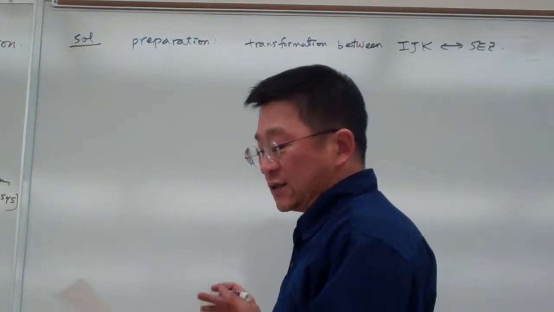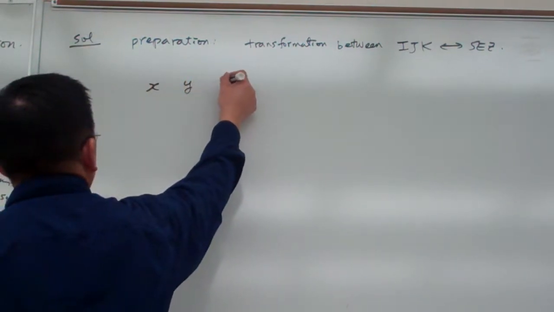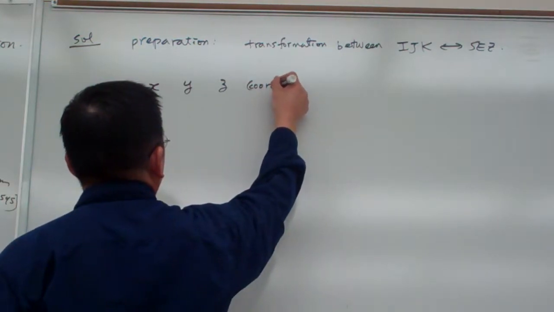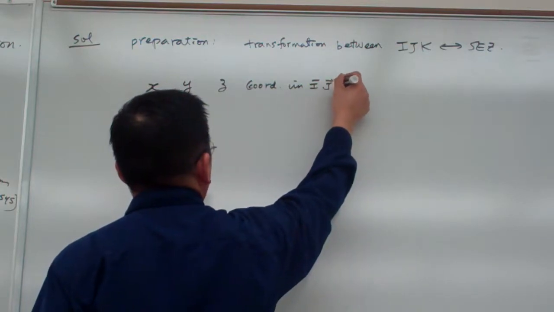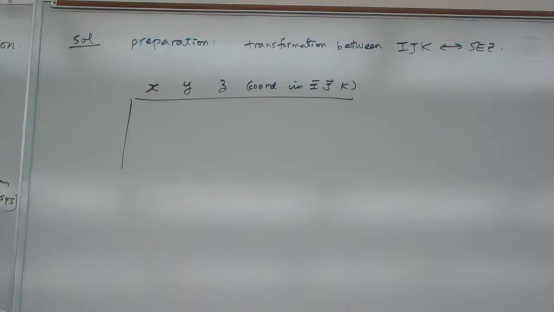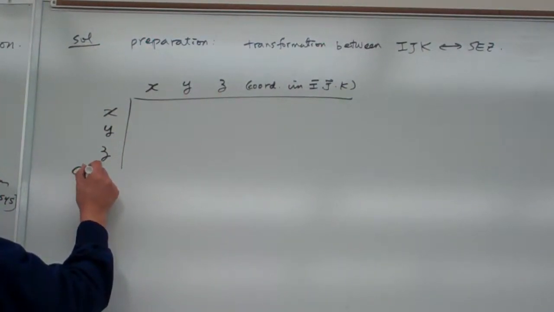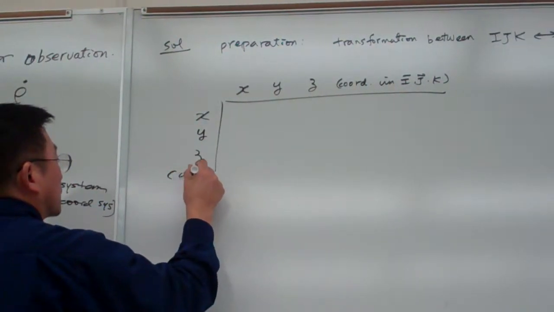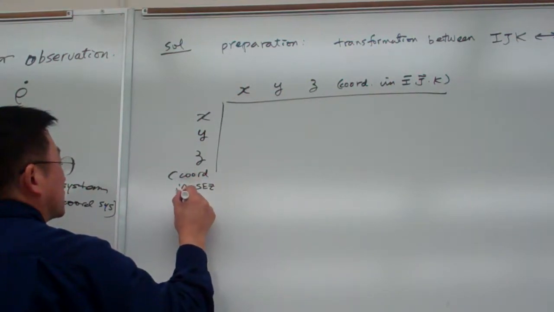Let me recite the formulas first. Here we have x, y, z, which is a coordinate in the IJK coordinate system, and then we can convert into the x, y, z in the SEZ system.